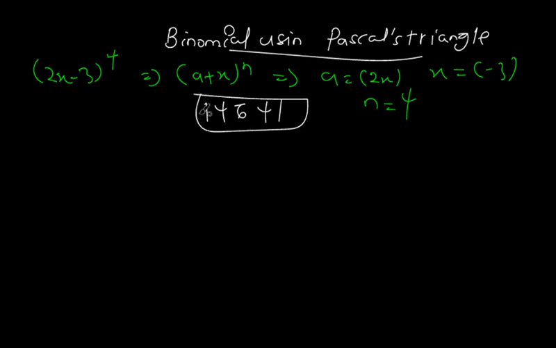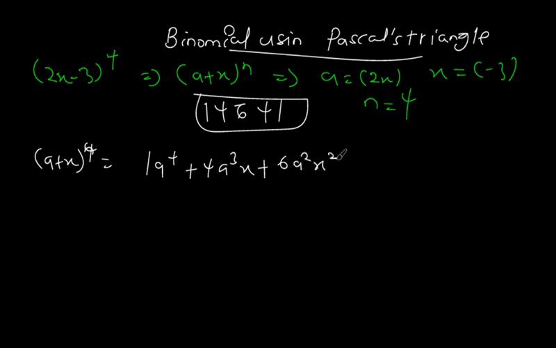Once we know these are the coefficients, it means if we have the form a plus x raised to the power n, the expansion we get using Pascal's triangle with the power 4 will be 1a power 4 plus 4a cubed x plus 6a squared x squared, then plus 4a x cubed, then plus 1x power 4.